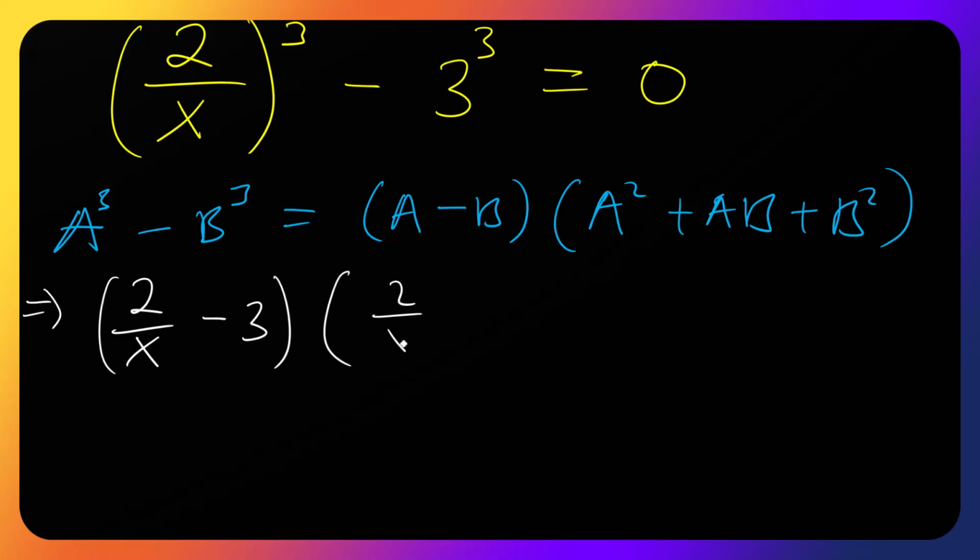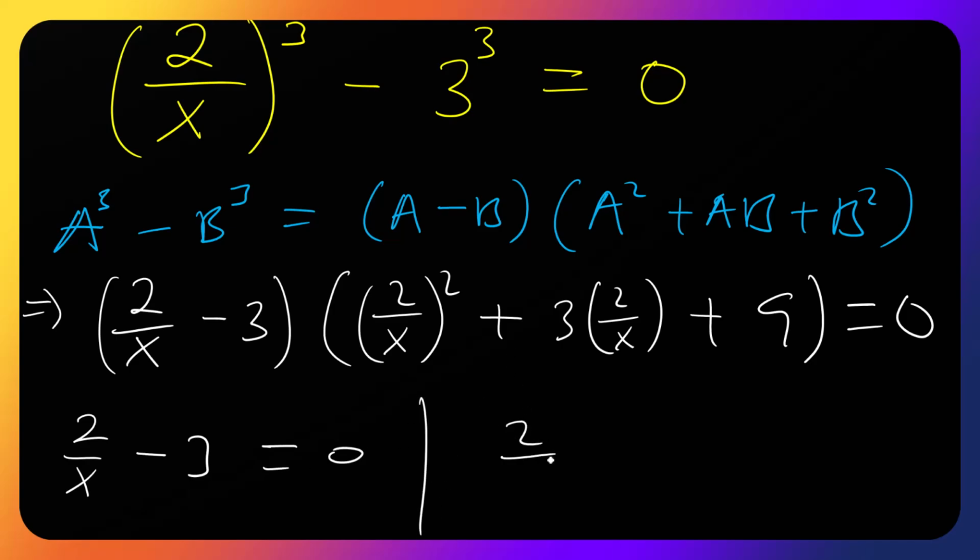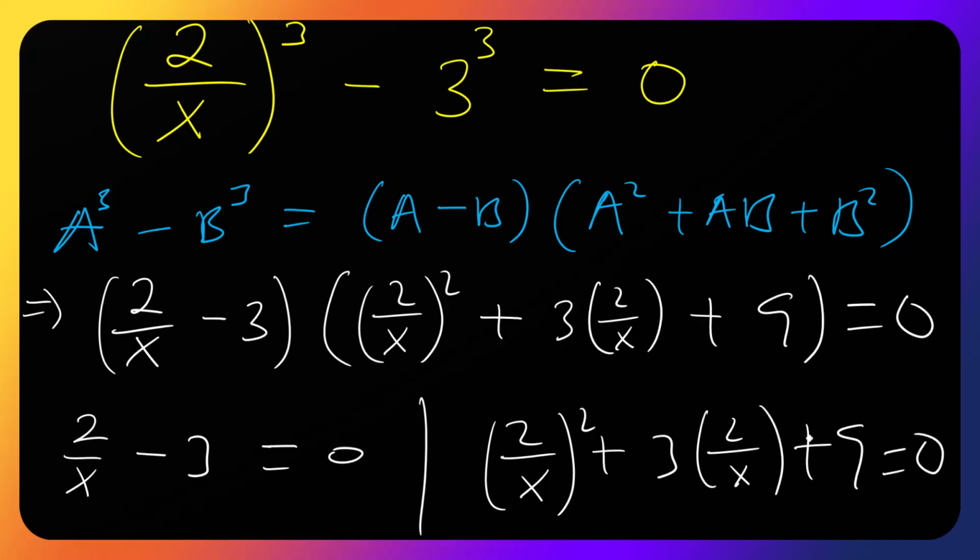We have 2 on x squared plus 3 times 2 on x plus 3 squared, that is 9, equals to 0. So from here we can say that 2 on x minus 3 equal to 0, or 2 on x squared plus 3 times 2 on x plus 9 equal to 0.